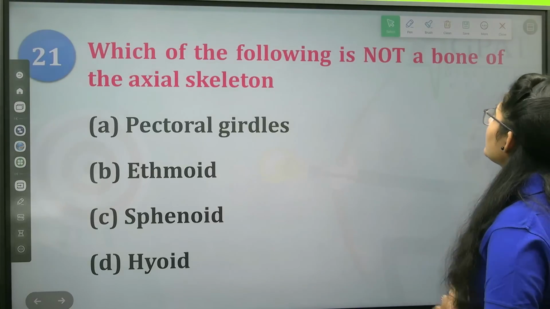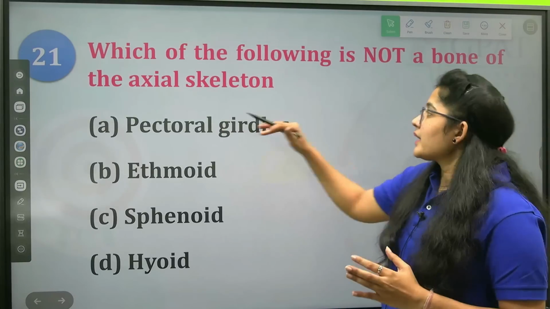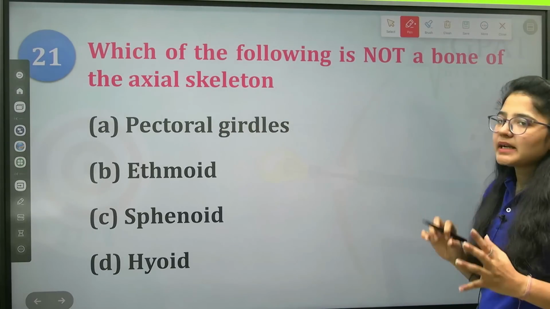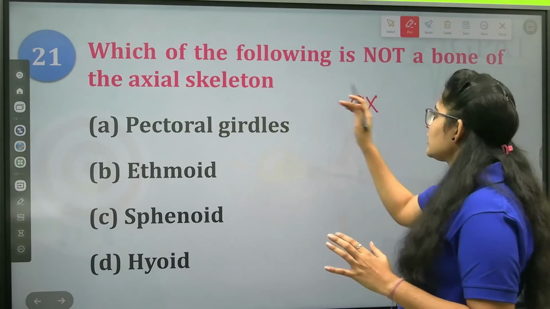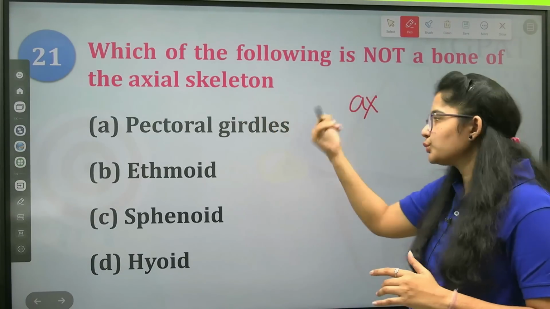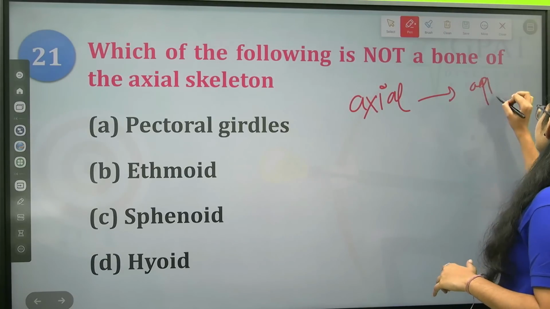Which of the following is not a bone of the axial skeleton? Not a bone of the axial skeleton. Your skeletal system is divided into two types. One is axial and another is appendicular.